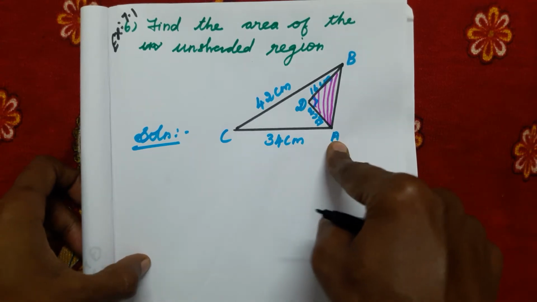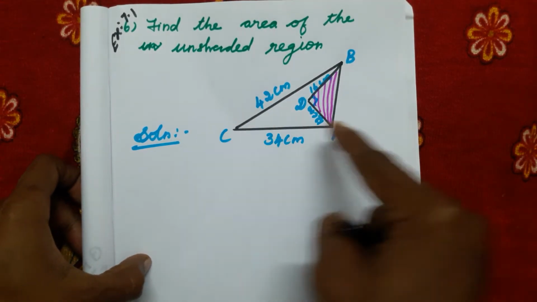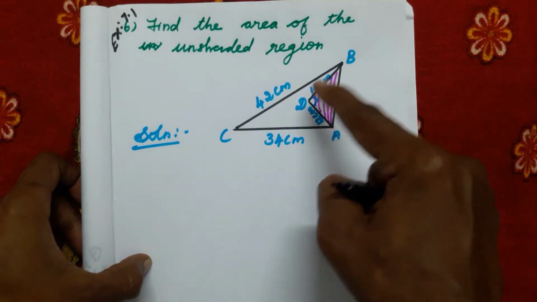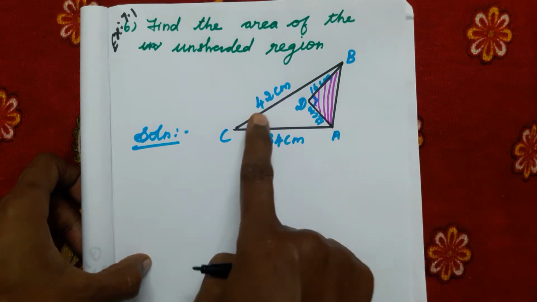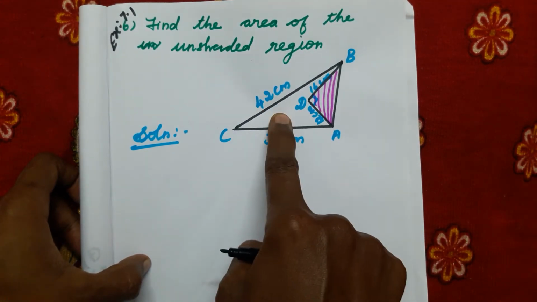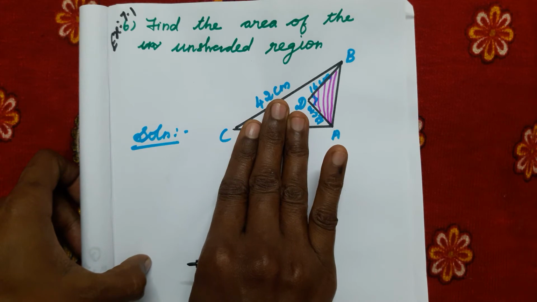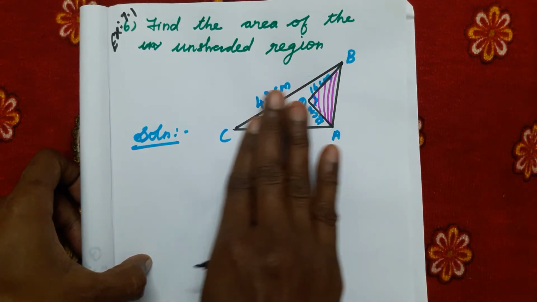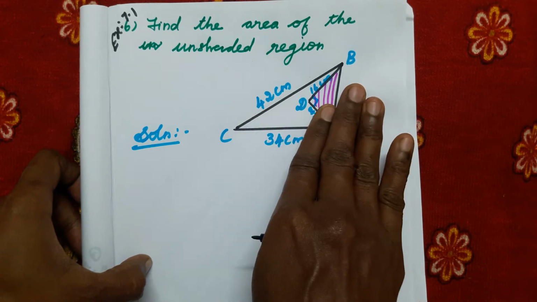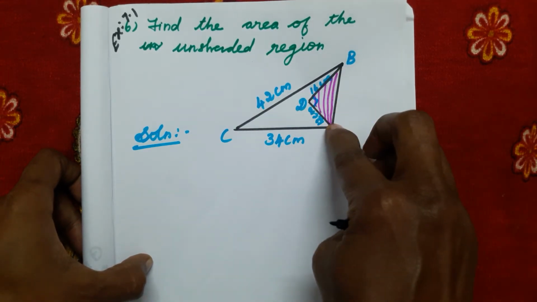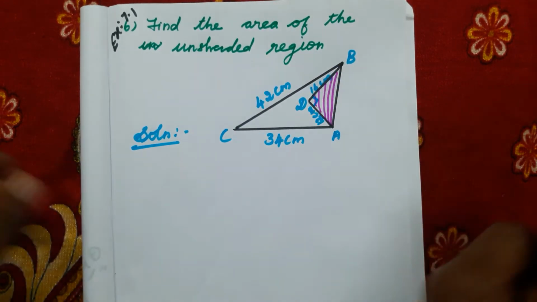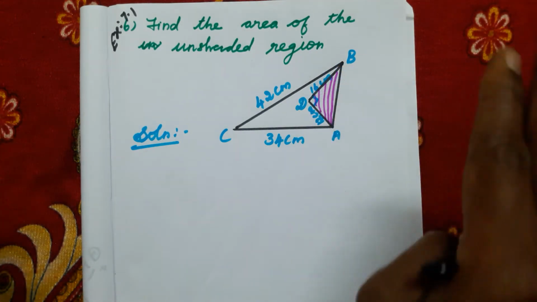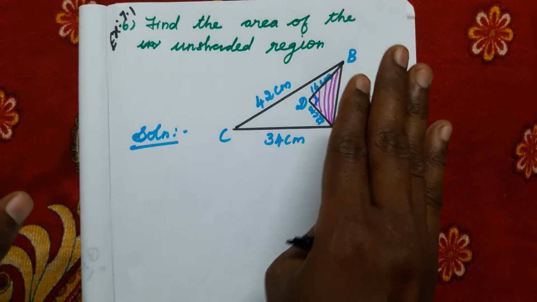The area of triangle ABC minus the area of triangle ABD gives us the area of the unshaded region. Have you all understood this?